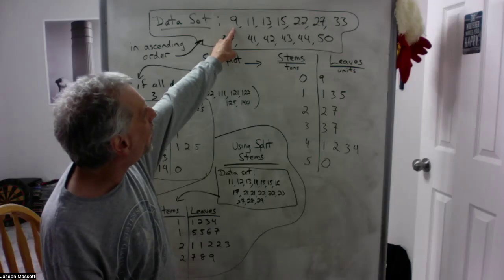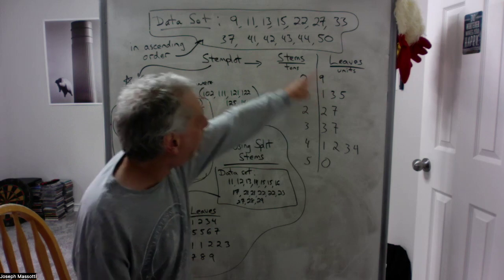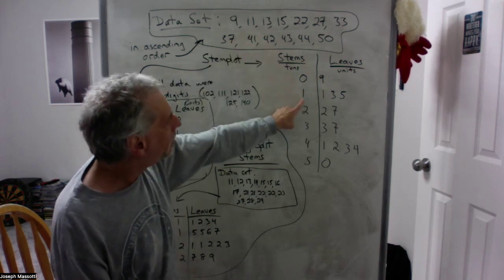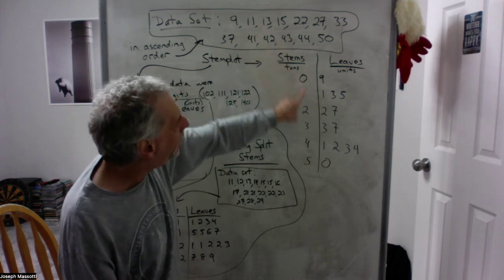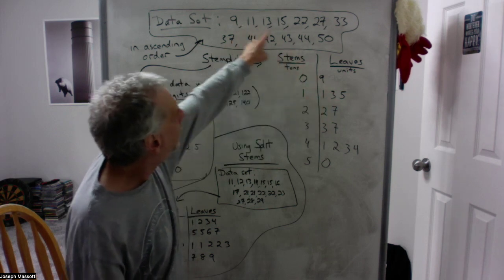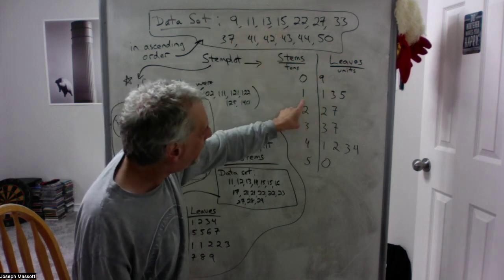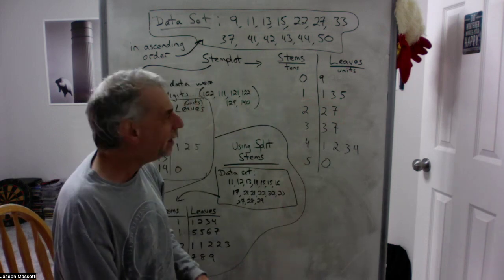So the value of 9 is a stem of 0 and a leaf of 9. And we have an 11, stem of 10, leaf of 1. 13, stem of 10, leaf of 3. 15, stem of 10, leaf of 5. So this is how we create a stem and leaf plot.